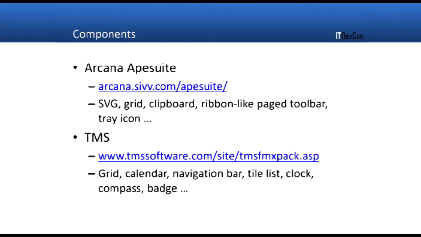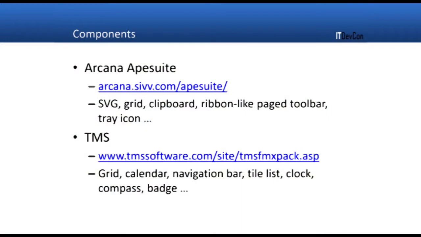It contains, this one is interesting, an SVG viewer for vector graphics, a grid which is more powerful than the built-in grid, something like ribbon-like stuff, the tray icon that works on both Mac and Windows, that's interesting, some user interface controls, and for a full list, see the website.